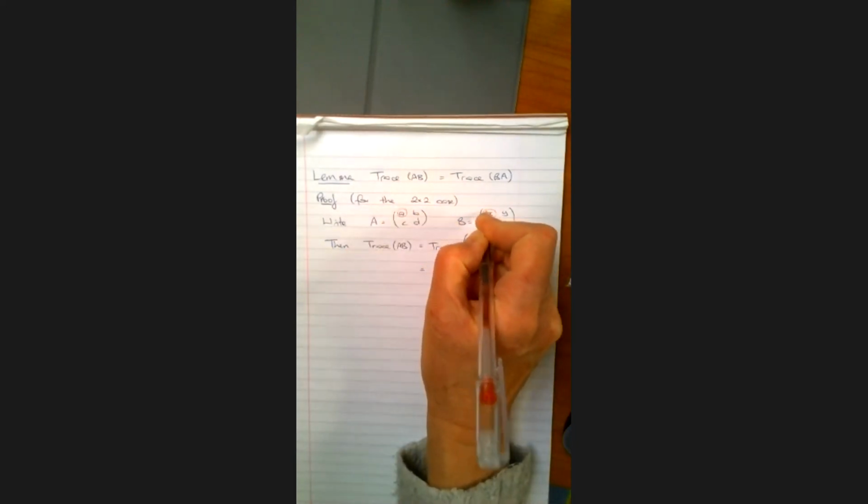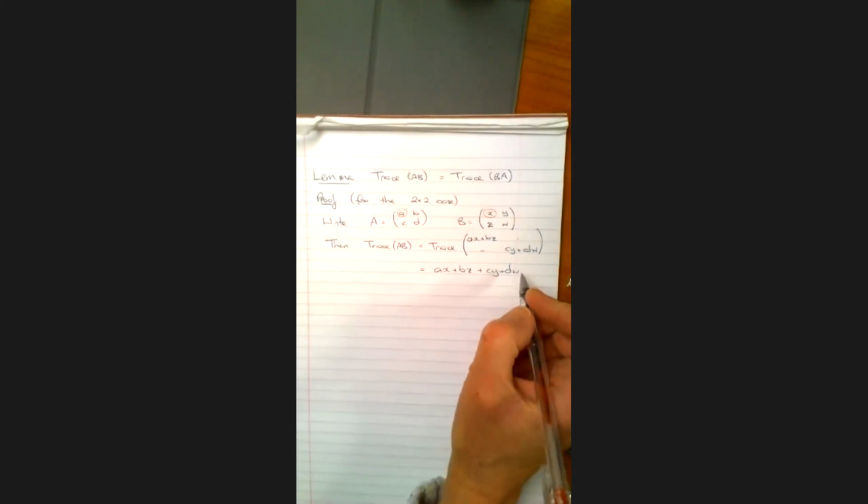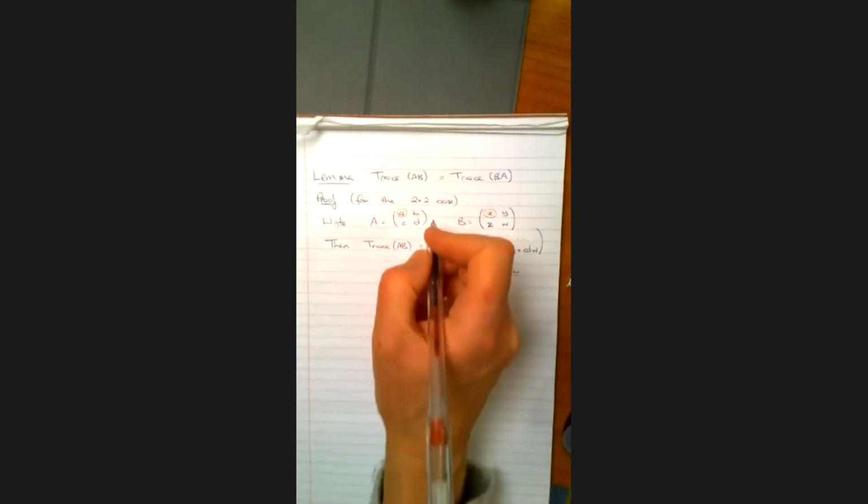We can observe that it is a sum of products of pairs of things, each involving one entry of A and one entry of B. And the way the entries get paired up is that on the main diagonal, each entry of A gets paired up with the entry in the corresponding position of B, so the a with the x. In the fourth term dw, we get the d being paired up with the w. So again, the second diagonal entry in each case.